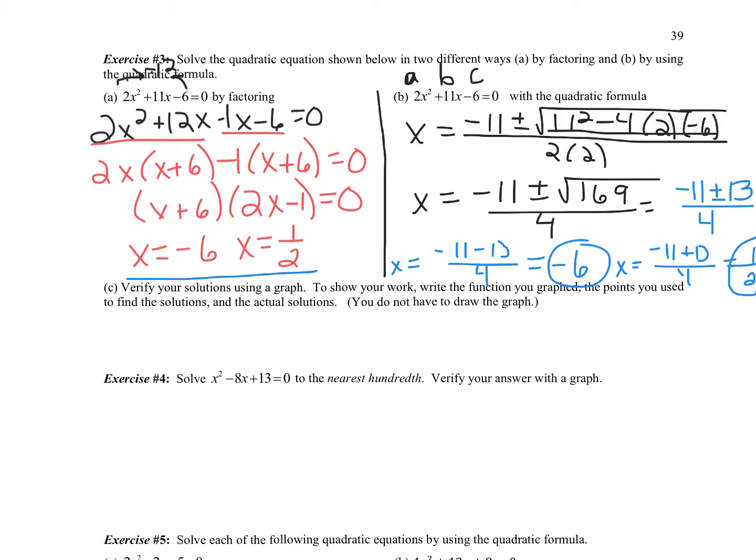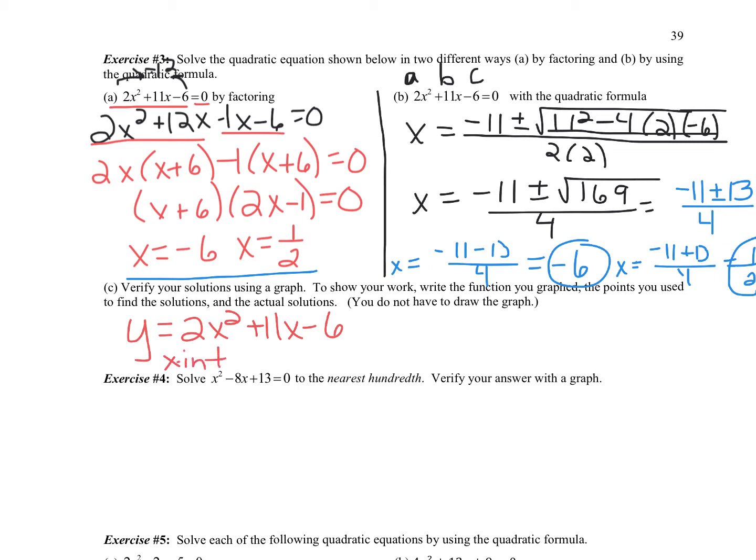Our next problem says verify your solutions using a graph. To show your work, write the function you graphed, the points you used to find the solutions, and the actual solutions. So if I wanted to check this graphically, I would graph 2x squared plus 11x minus 6. I want to know when that function is equal to 0, so I would find the x-intercepts.